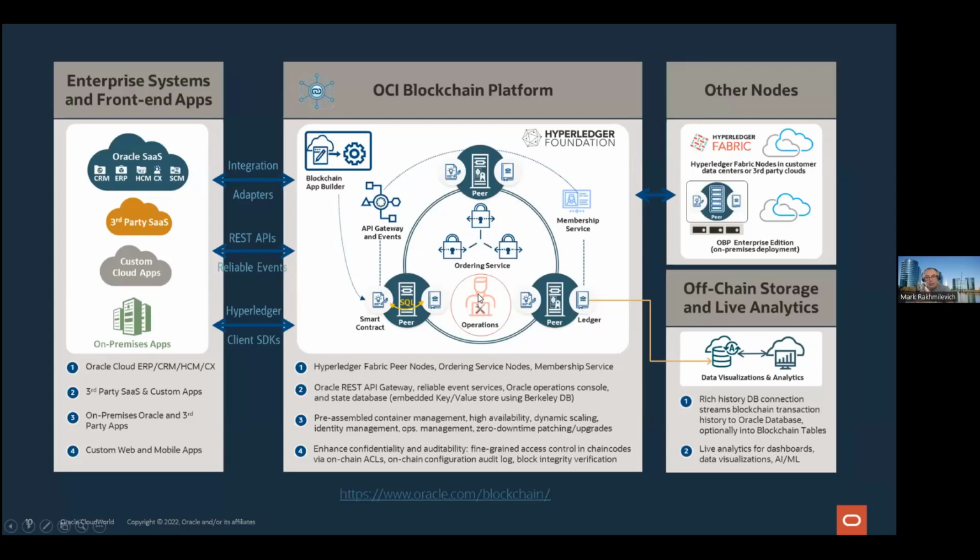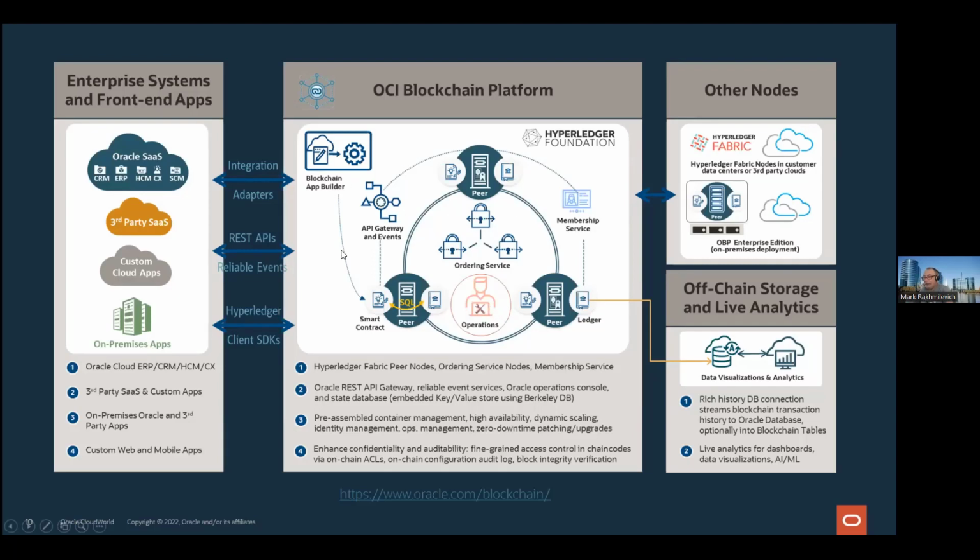Now, we have added to the community edition of Hyperledger Fabric a lot of Oracle enhancements, a lot of operations and management tooling, both the web UI console makes it much easier to create and manage and operate and troubleshoot, as well as DevOps APIs, a very rich set of REST APIs to do all of the operations and administration changes, configurations through the REST APIs.